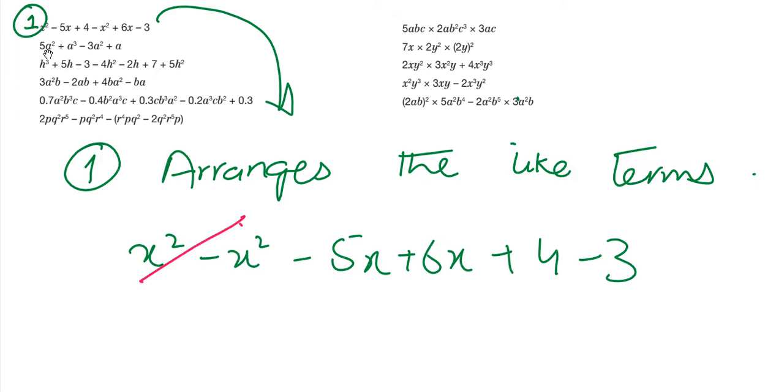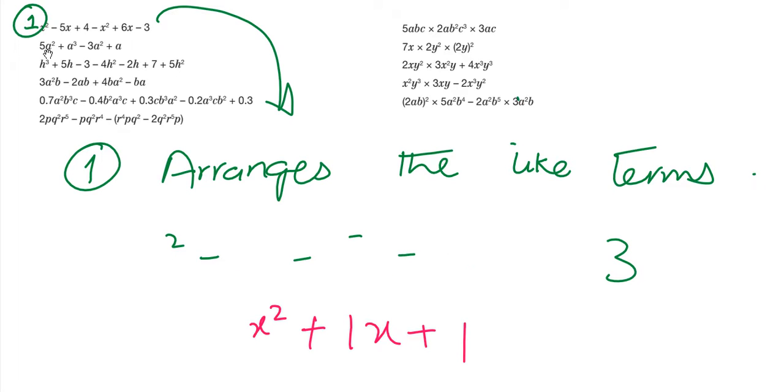So now we can easily cancel these out. 0. You may write it like this: 0x square plus 1x plus 1. Yeah, and this way you can just do it.